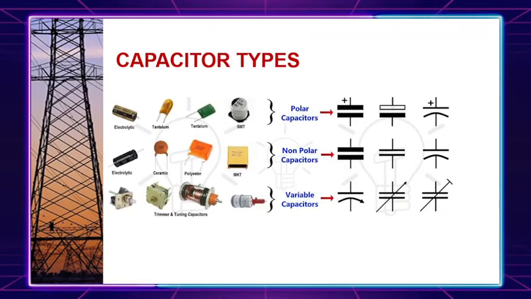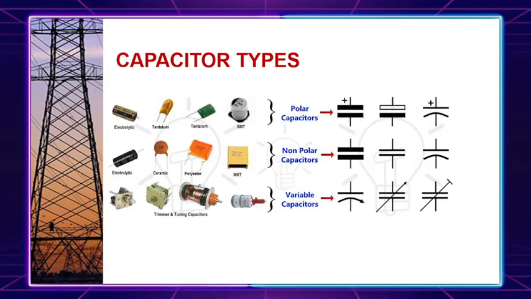Capacitors also have different types, from electrolytic to polyester, ceramic, until we have trimmer and tuning capacitors. A capacitor can be classified as polar, which means it has a positive and negative terminal. So in connecting or installing this component, you should first know the direction, the positive and negative terminal.